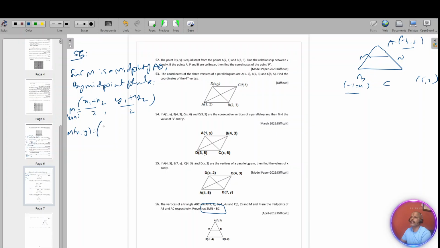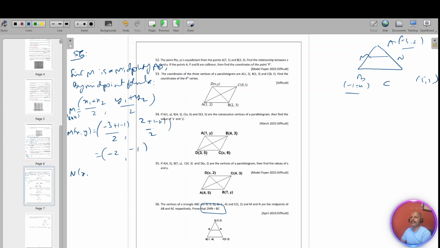So what you get is x1 is minus 3 plus of minus 1 by 2, 2 plus of minus 4 by 2. That becomes minus 3 minus 1, minus 4 by 2, that is minus 2. 2 minus 4 is minus 2. Minus 2 by 2 is minus 1. So M coordinates we got. Now, similarly, you find N of x, y.